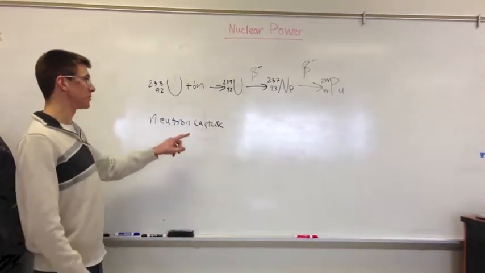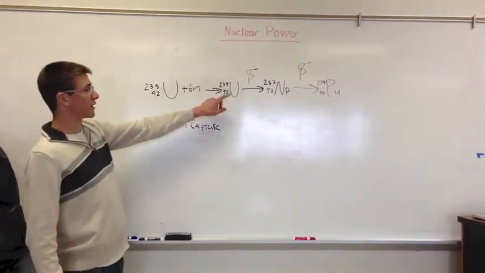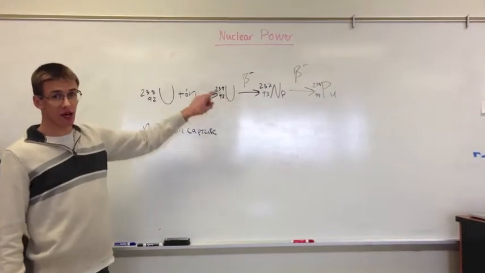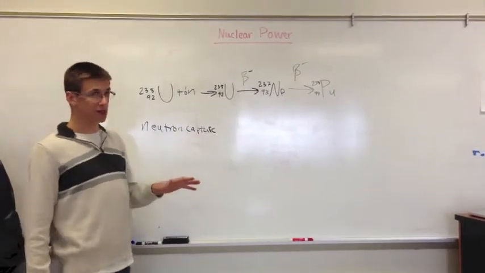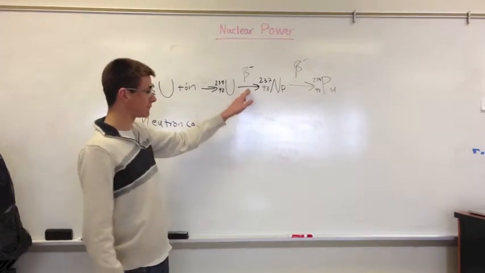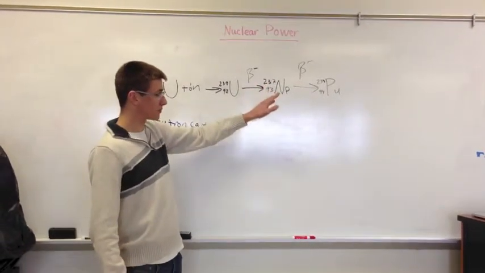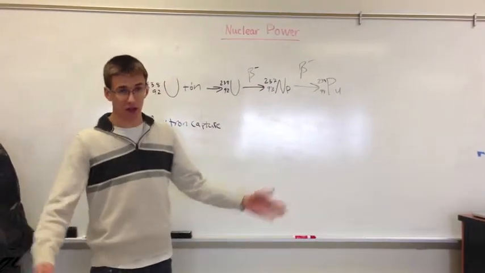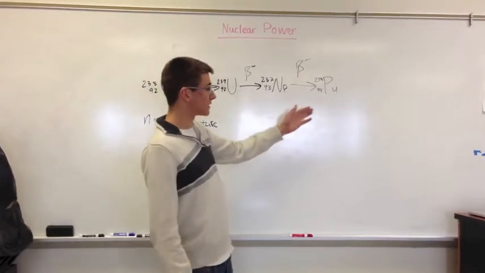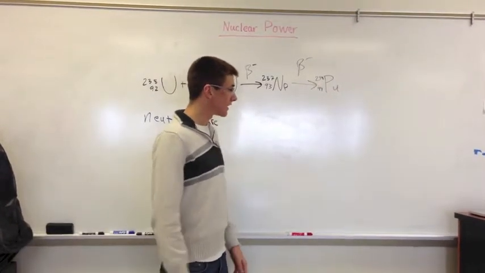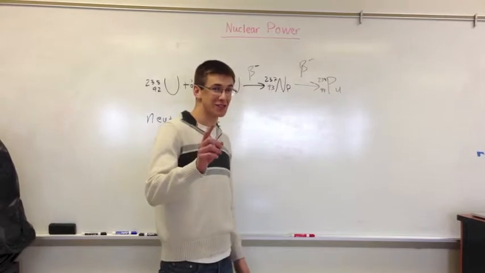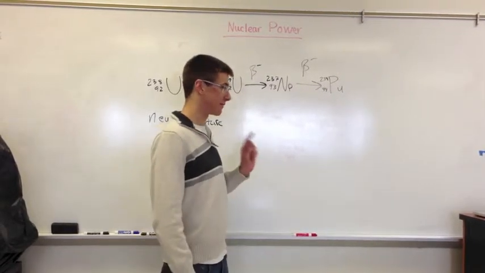It's called neutron capture. It becomes uranium-239, which is an unstable isotope. Because it's unstable, it decays. It goes through beta decay and decays to neptunium, which is also unstable, and that decays and forms plutonium, which is an element that is not found in nature and is only able to be man-made.